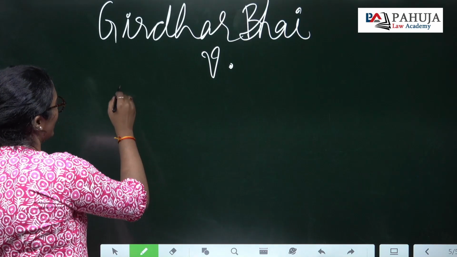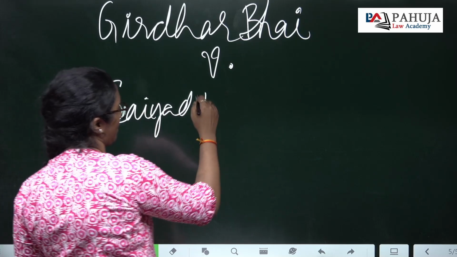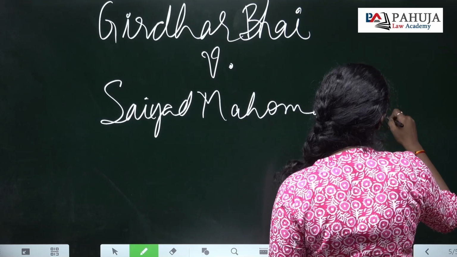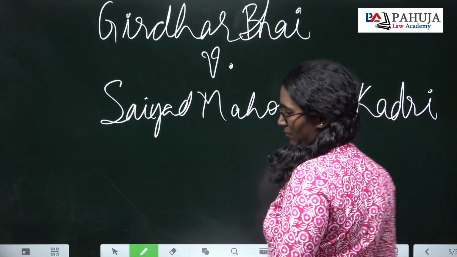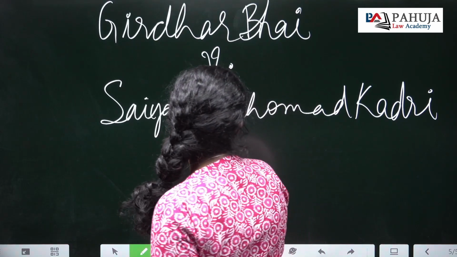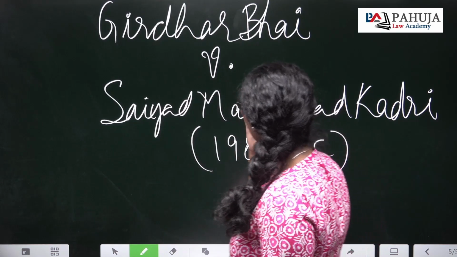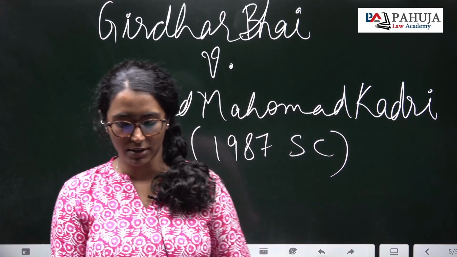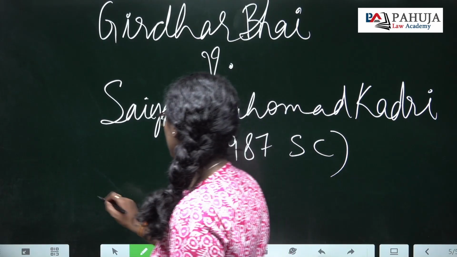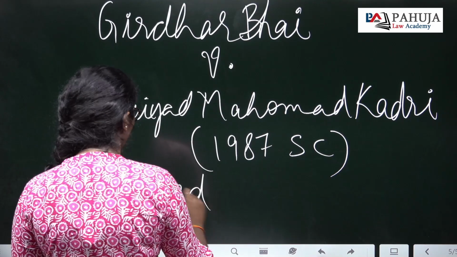So in Girdhar Bhai versus Syed Muhammad Qadri, which is also a very old landmark judgment of the apex court, 1987 Supreme Court, the apex court held that partnership is sometimes in certain cases a mixed question of fact and law.